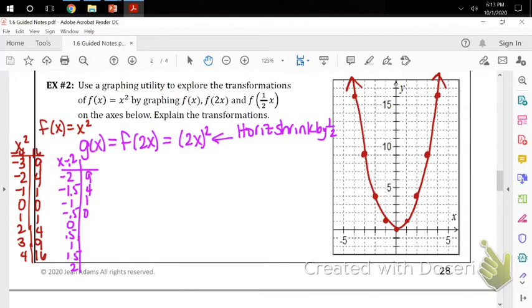Oh, I forgot the 16. I was like, I'm off somewhere. And so we could graph those. Now remember, we said it's going to be a horizontal shrink. So think about that. Shrink something from the left and the right horizontally. I push it in, it's going to make it more narrow. And so we can already see that with those end points there. Those top points, it's already in more. So we know it's going to be more narrow.